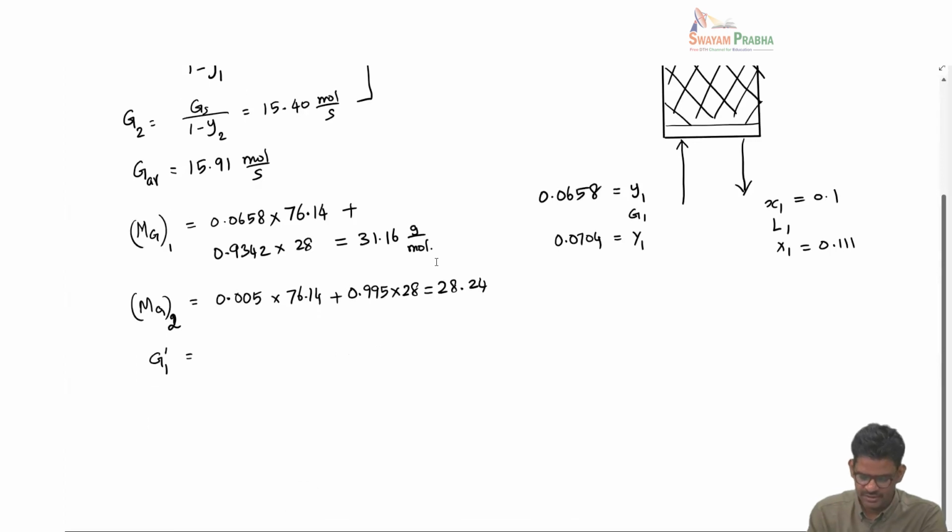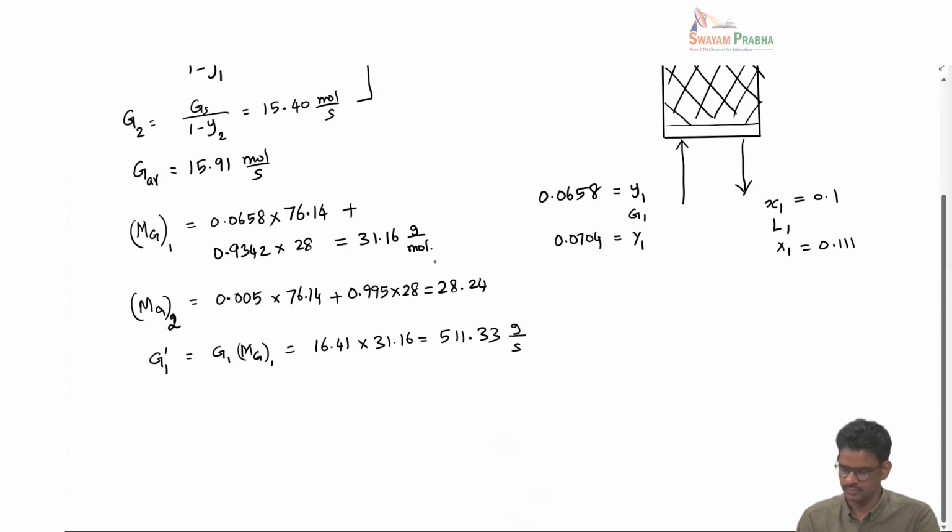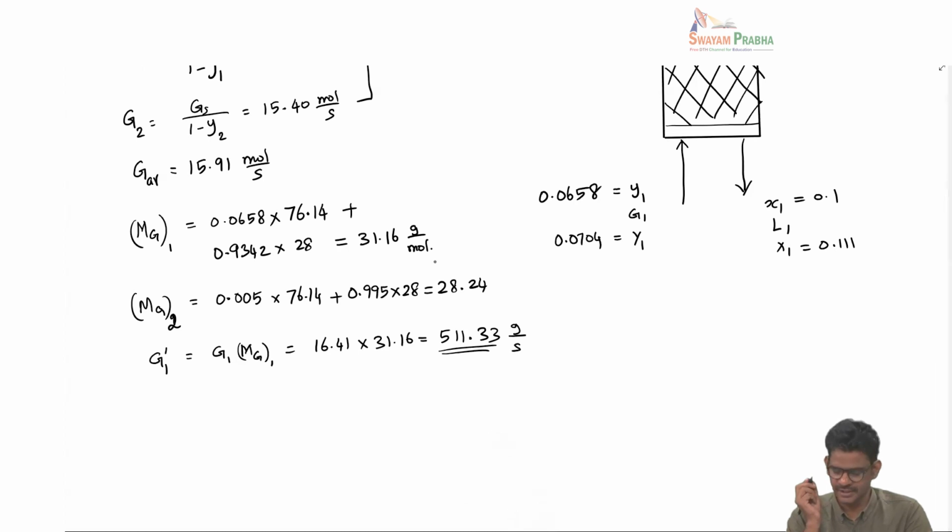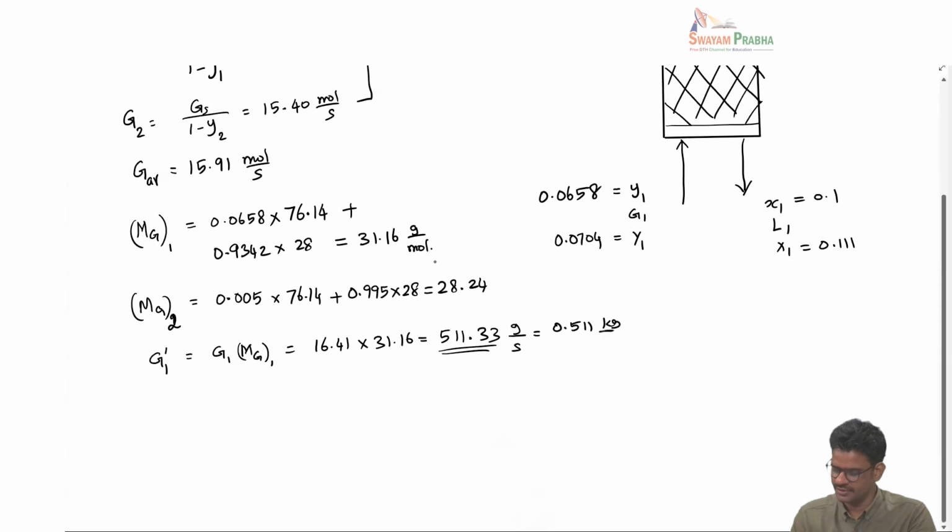So G1 prime is G1 times Mg1. Now I got G1 prime as mass flow rate in grams per second, or you can write it in kilograms per second: 0.511 kilograms per second.